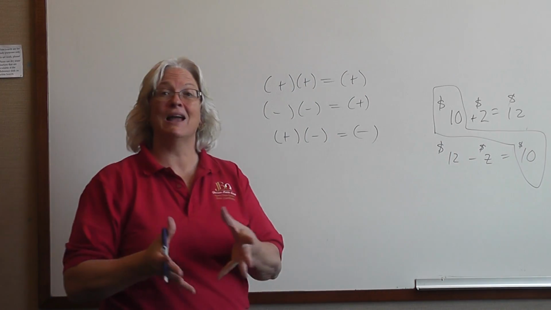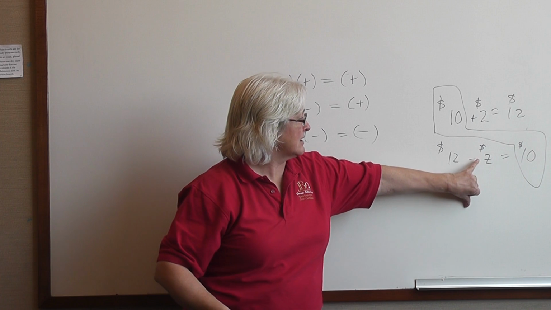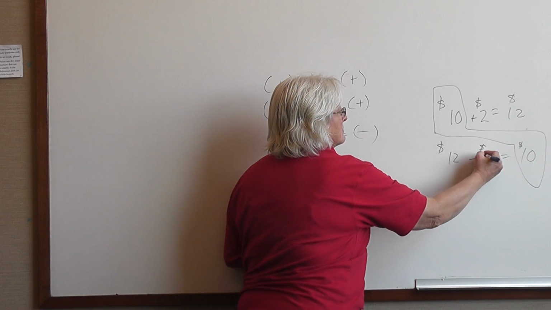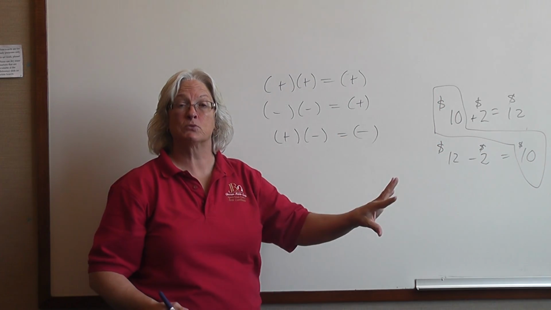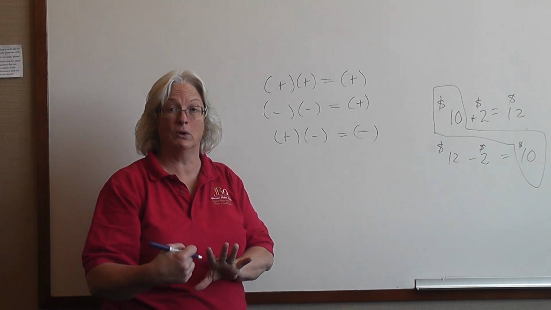You end up with the same $10 that you started with. So addition, and look at that, I slashed a 2 to make it a Z. Sorry about that. Addition and subtraction are inverses. Those are operations that undo one another.